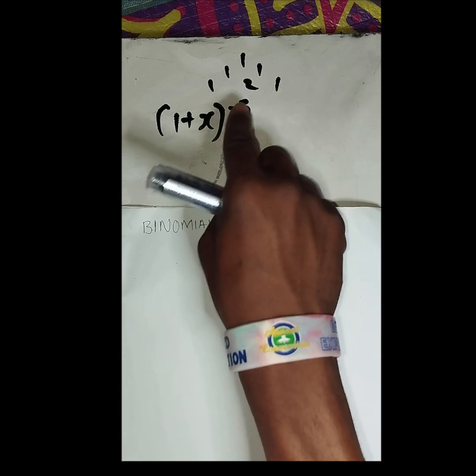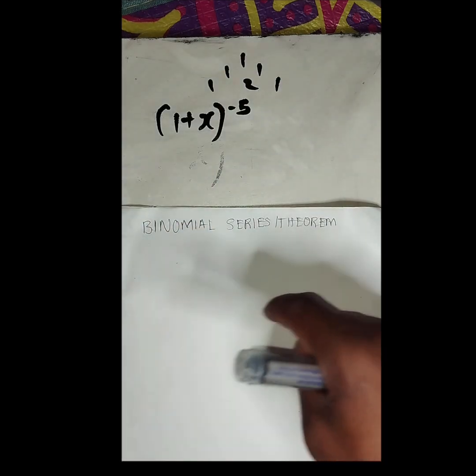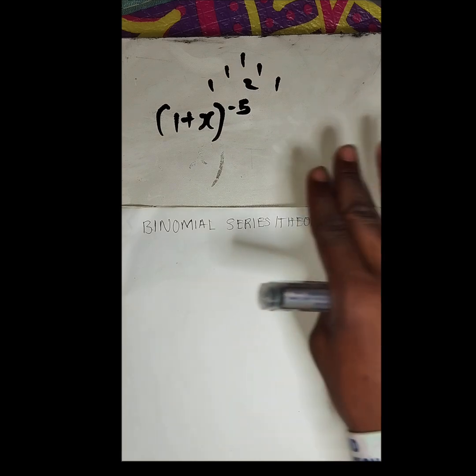Okay. So what if we have raised to the power of -5 here? How will -5 help us determine our binomial coefficient? Do we have anything like -5th level on our Pascal triangle? No, I never mentioned that. We don't have anything like -5th level. They are all positive numbers.